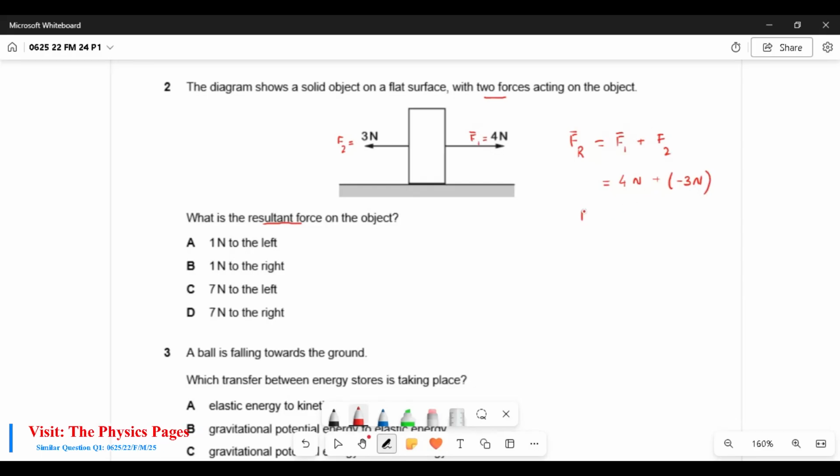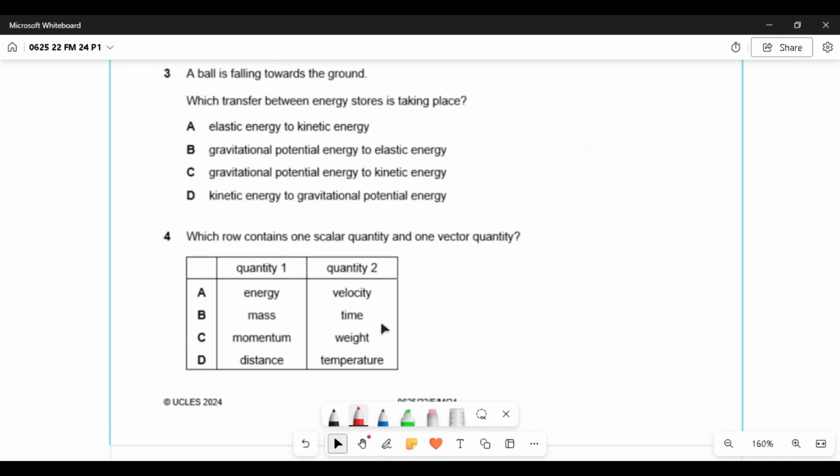So when I add them, I get the resultant force is 1 Newton, and 1 is positive. It means it's to the right. So we have an option of resultant force to the right with 1 Newton value. So option B is our right choice.